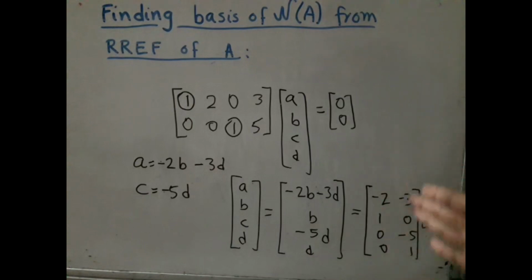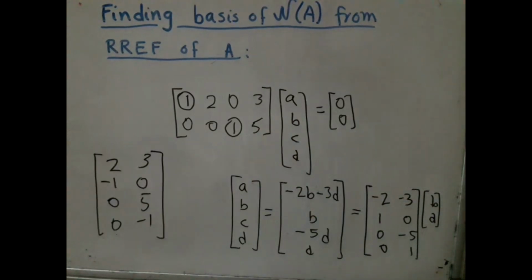So these two columns actually give me a basis of this null space. Now, if these two column vectors give you a basis of the null space, then I can take their negatives, and that will also give me a basis of the same space. So I have written them like this. Instead of minuses, I have put these things all positive, and these ones have now become minus 1.